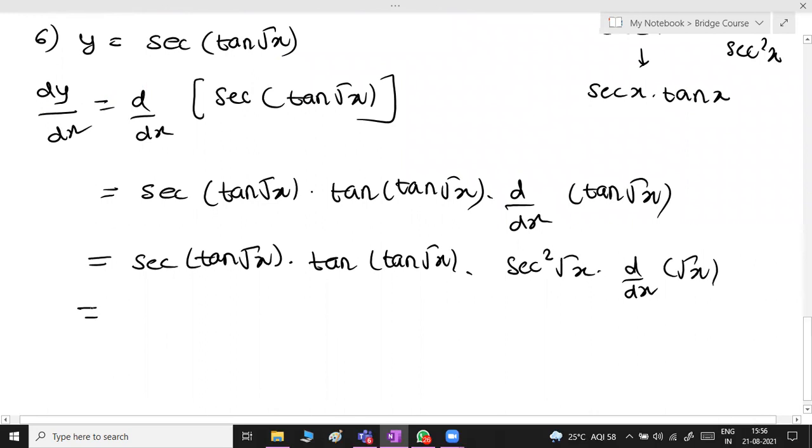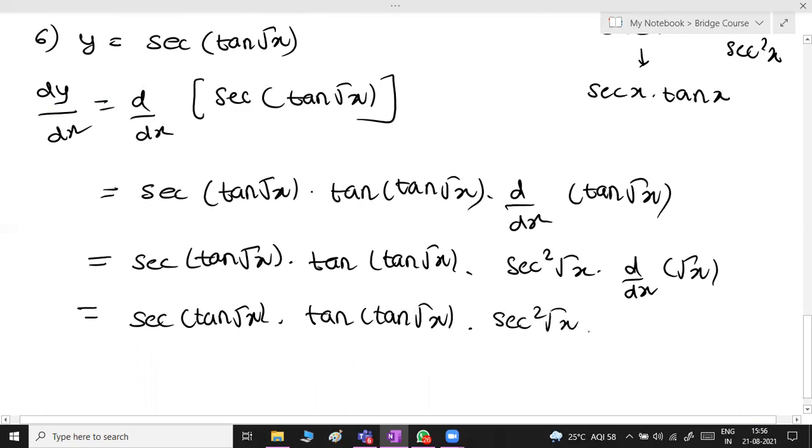So here it's going to be sec of tan root x into tan of tan root x into sec square root x. Keep this also in a bracket, and differentiation of root x is 1 upon 2 root x.